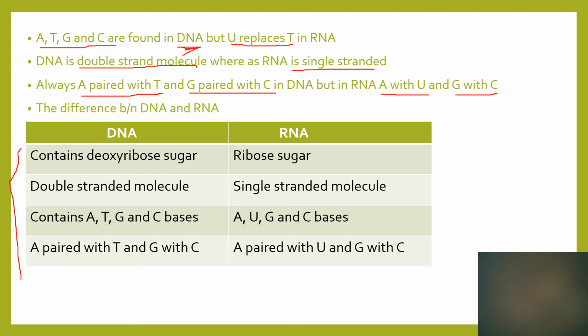In DNA, adenine is paired with thymine and guanine with cytosine. In RNA, adenine pairs with uracil, whereas guanine is with cytosine. So these are the main differences between DNA and RNA molecules.